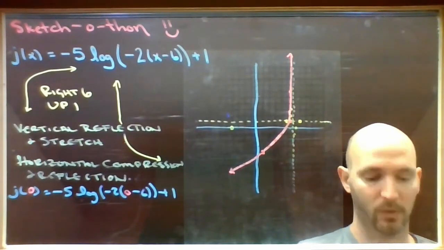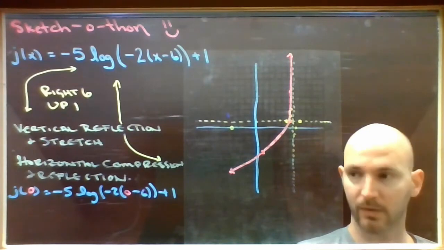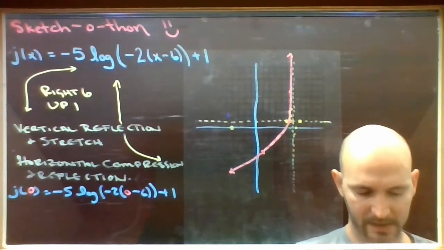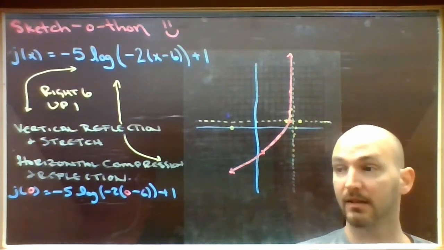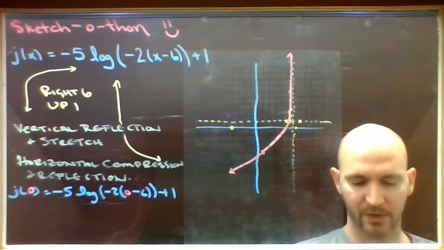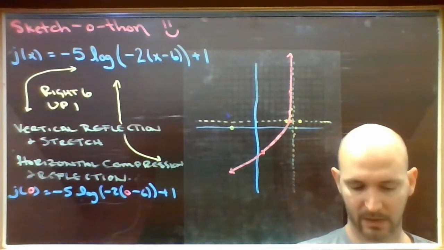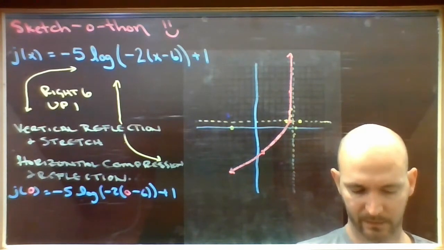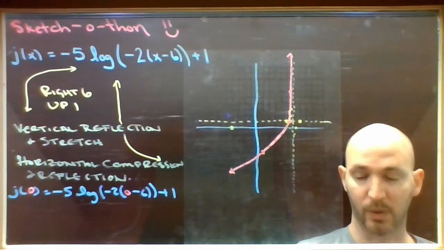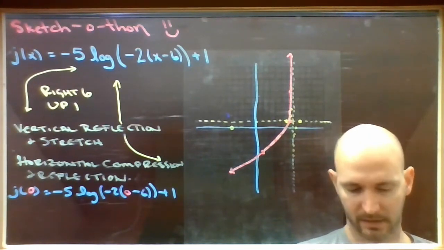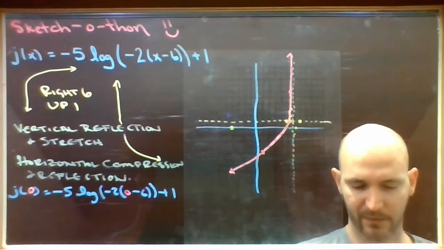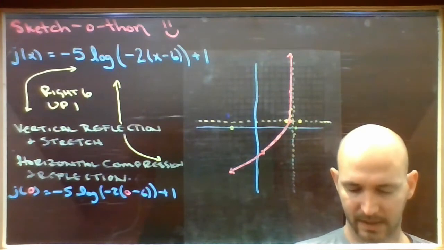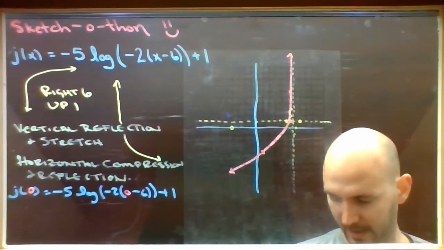So carrying these operations out in correct order, 0 minus 6 is negative 6, times negative 2 is 12. Log of 12 is 1.079, times negative 5 is negative 5.39, plus 1 is negative 4.396.